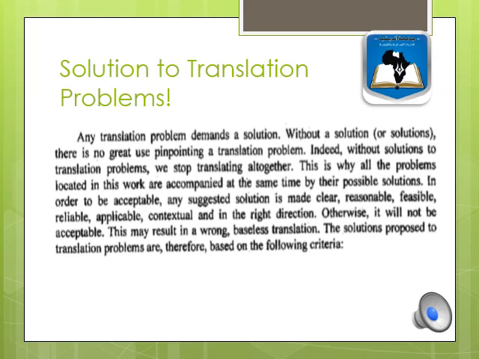First, the example is cited alongside its literal translation. That's how he will map his data, in order to show how students can comprehend it into Arabic. Then the translation problem is located and discussed in detail. Then a possible solution is suggested to this problem, followed by the criteria on which it is based.